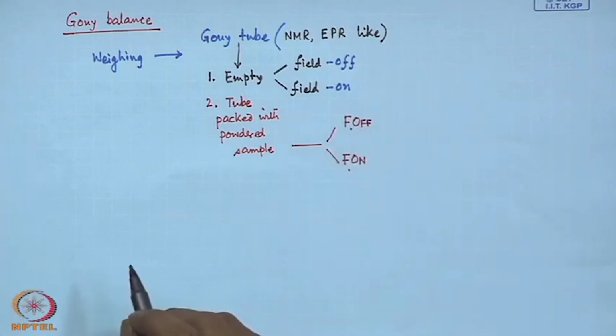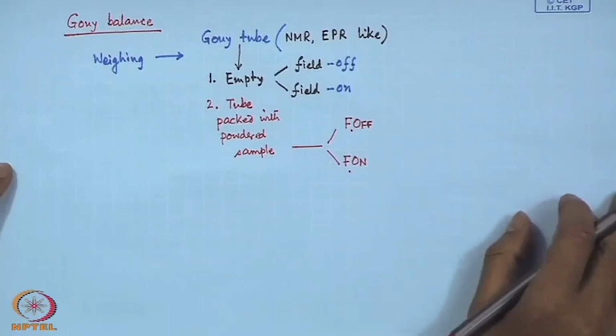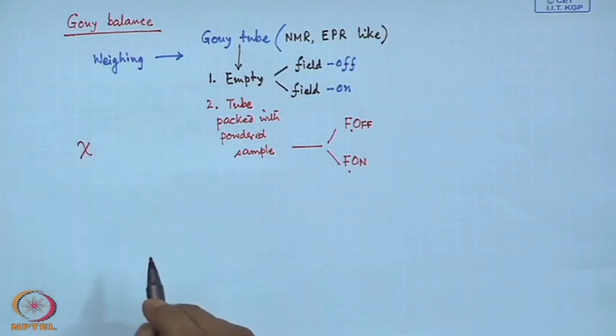So, we will have four different weights, and from the difference of all these weights we calculate the corresponding susceptibility value.